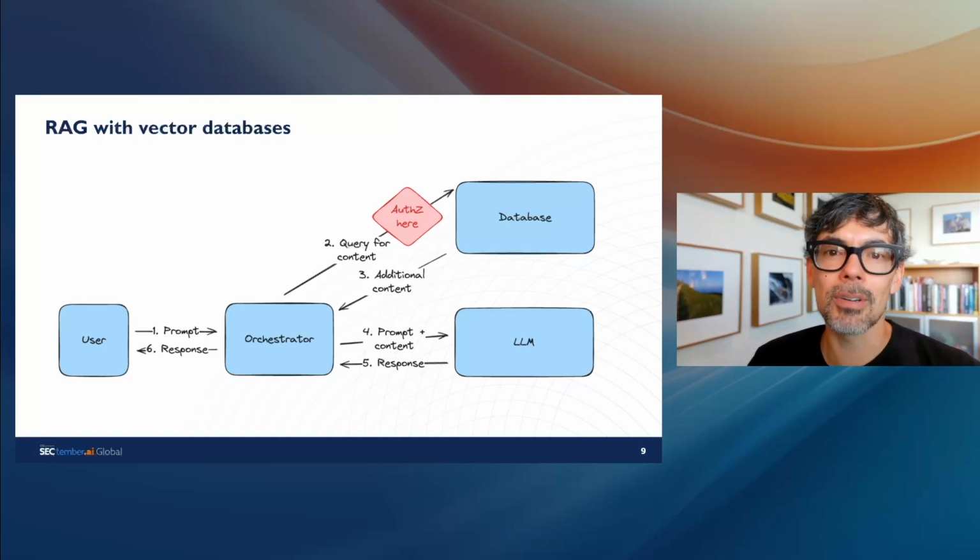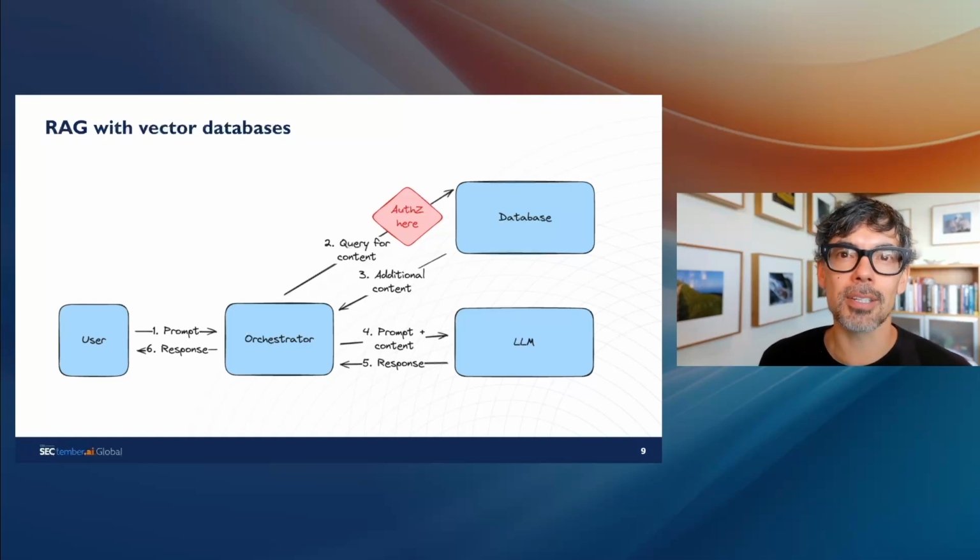But what happens here is the orchestrator is going to create an embedding based on that user's input. And it's then going to send that embedding, those vectors, over to the vector database. And the vector database is going to use those to find the nearest 2 or maybe 3 entries that most closely match the meaning of what the user is looking for. What content does it have in the database that is most closely related to that user's question?